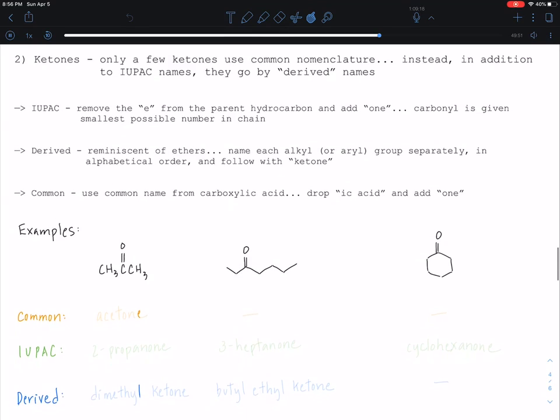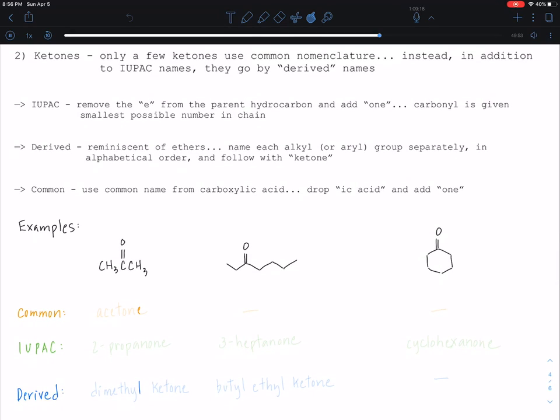In a ketone you have the carbonyl functionality, and then you have two R groups on either side of the carbonyl. So the derived naming can be a little bit like that, where you're going to name each of the alkyl groups separately in alphabetical order, and then you're just going to follow it up with the word ketone.